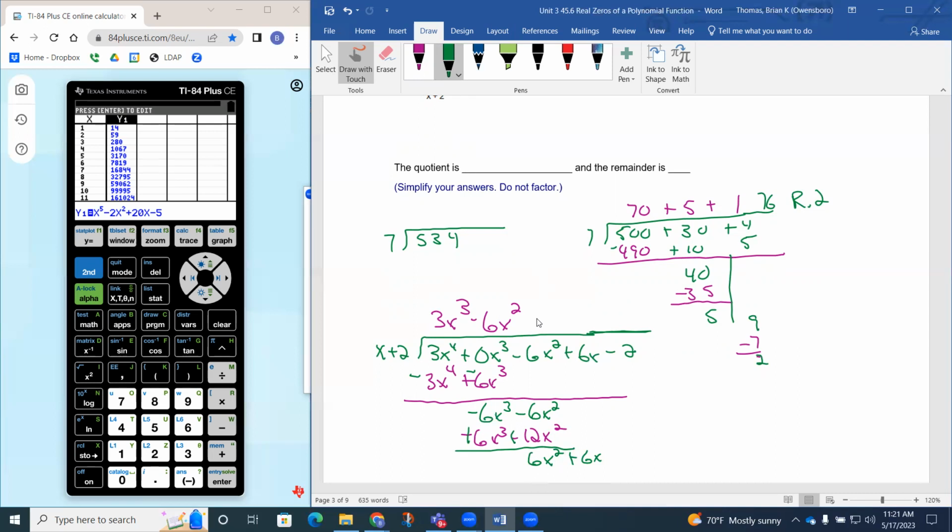Now I'm focusing on this next spot. What times x gives me 6x squared? Since it's a positive 6x squared, I need to put a plus 6x there. 6x times x is going to give me 6x squared. And then 6x times 2 is going to give me this 12x.